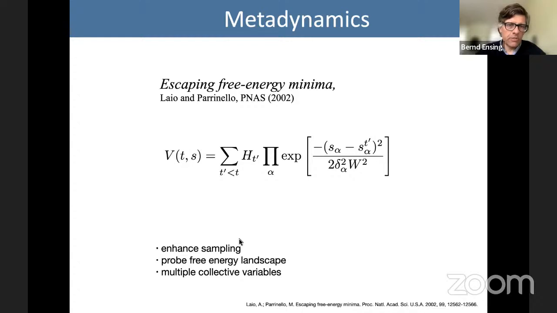So that's really nice. You can use it for enhanced sampling and probing the free energy landscape, because if you do this carefully enough, then this biasing potential will actually be an estimator of the underlying free energy landscape in the space of these collective variables alpha. And so the cool thing at the time when this was introduced is that you can really use it for multiple collective variables, and most methods at that time were used for just a single collective variable.